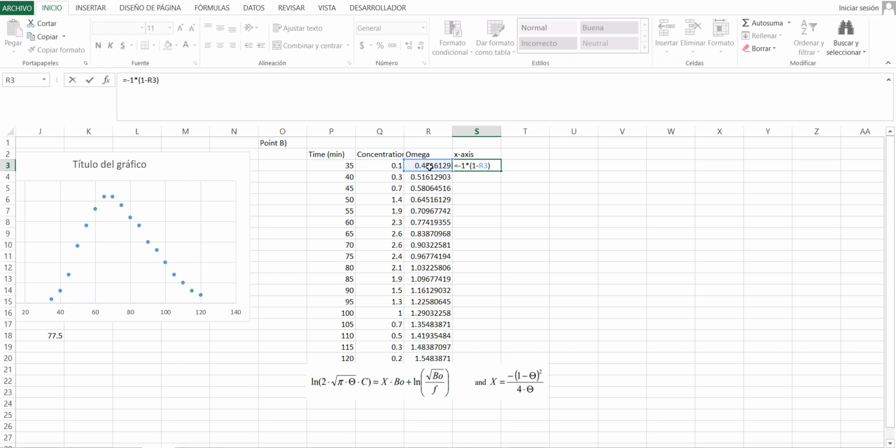Wait a second, what is the squared? Okay, I found it, sorry for that. So we have the x-axis.